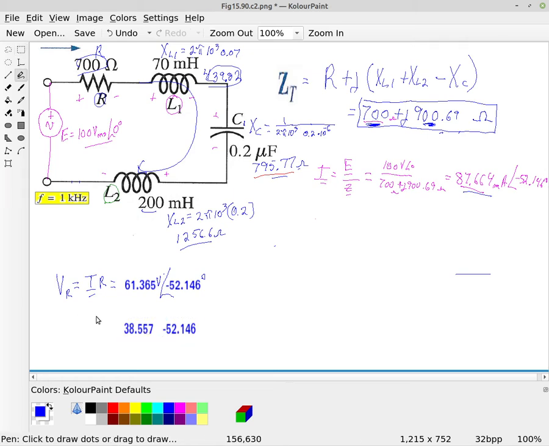All right, so VL1 is 38.5 something volts at an angle. Oops, I'm sorry, I messed that up. That's not correct because I'm missing my phase angle.